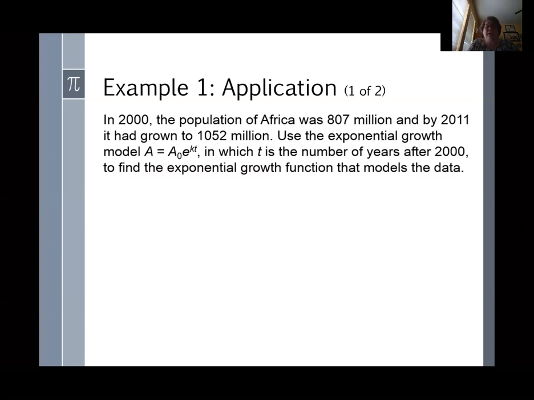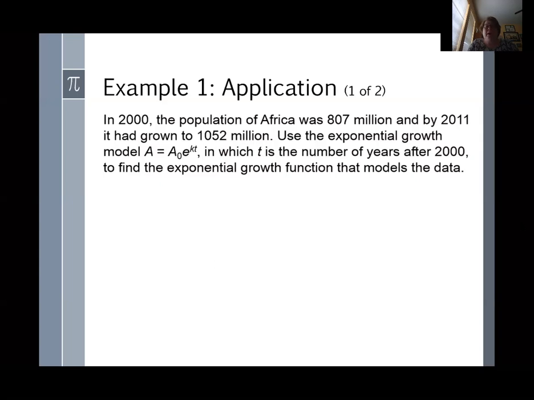Since the population over those 11 years, from 2000 to 2011, increased from 807 to 1,052, this will be exponential growth. Use the exponential growth model, A equals A sub 0 e to the kt, in which t is the number of years after 2000, to find the exponential growth function that models the data.